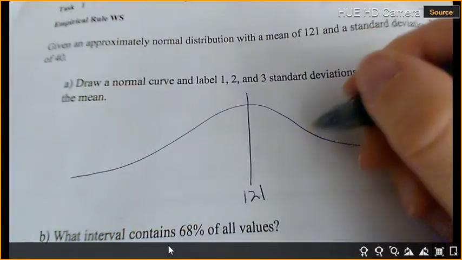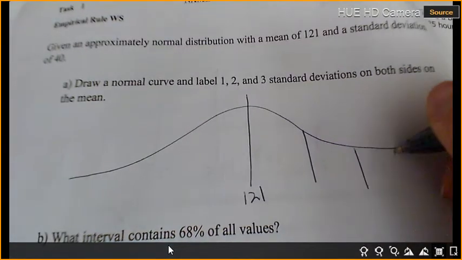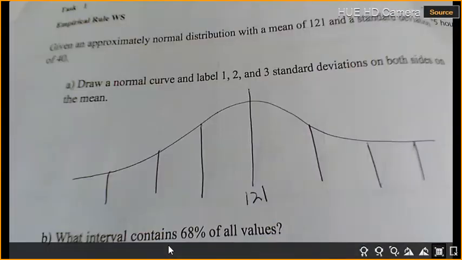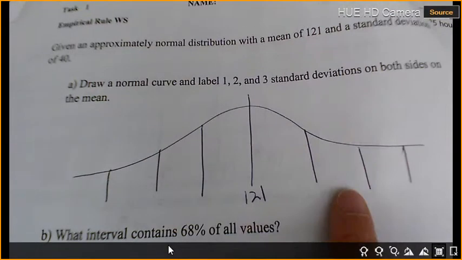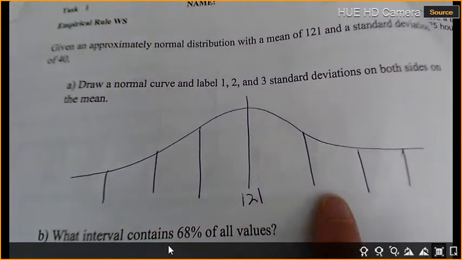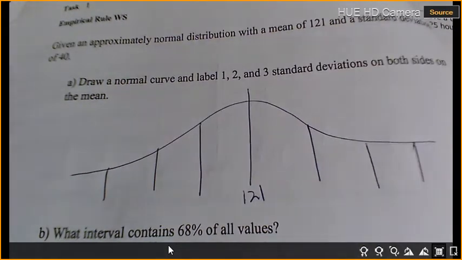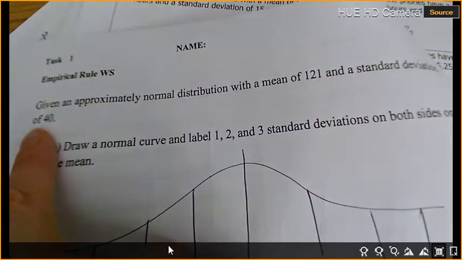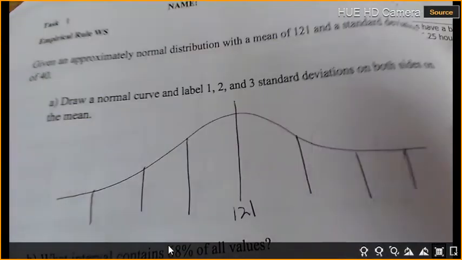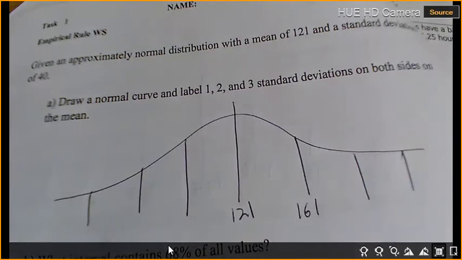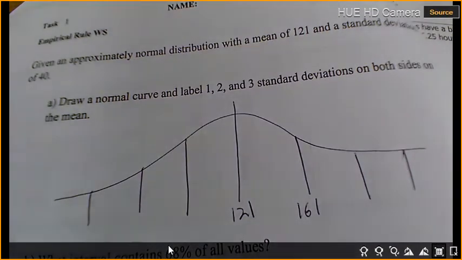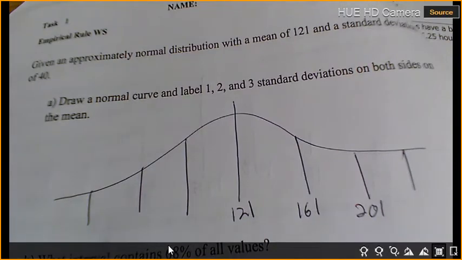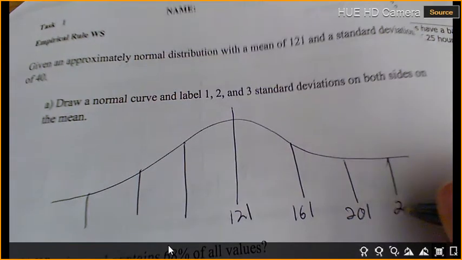Okay. I need to know 1, 2, and 3 on either side. How do I know how to get from 121 to the next one? Add 40. Good. Because that's the standard deviation right here. It's 40, right? So I get 161, and then I'm going to add 40 more, and I get 201, and then I add 40 more, and I'm going to get 241.